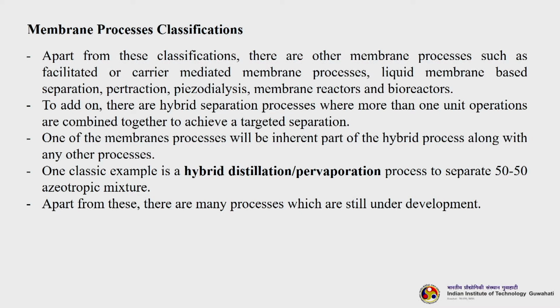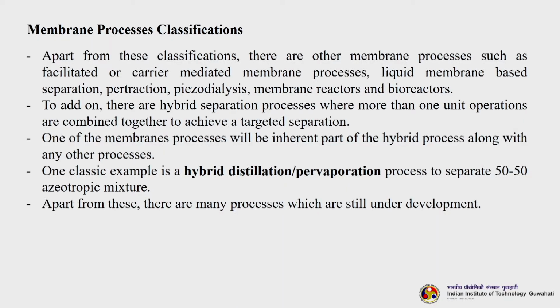Now, to add on, there are hybrid separation processes where more than one unit operation is combined together to achieve a targeted separation, and in a membrane hybrid system, membrane is one part and another part can be either distillation, absorption, adsorption or any other such unit operation.